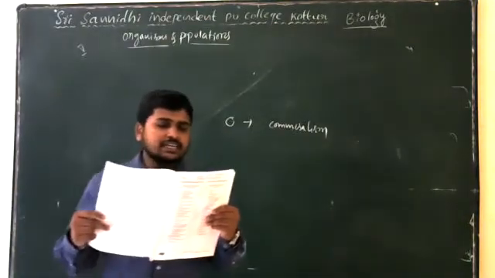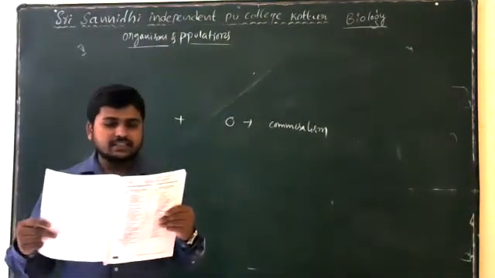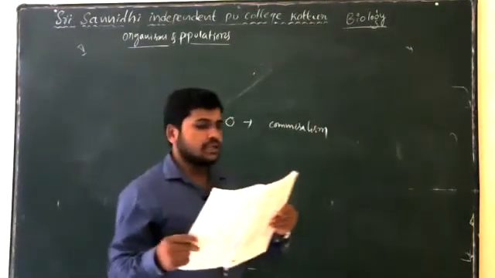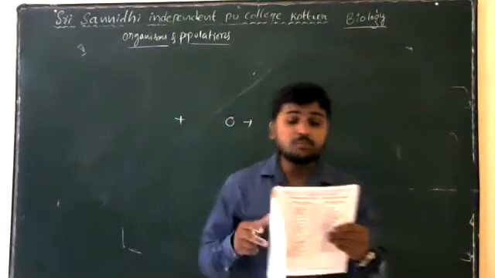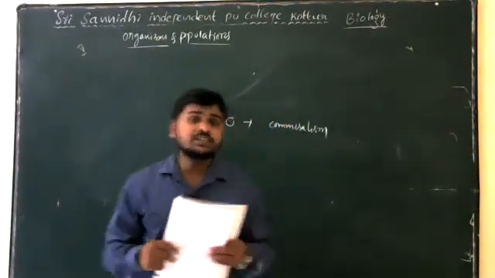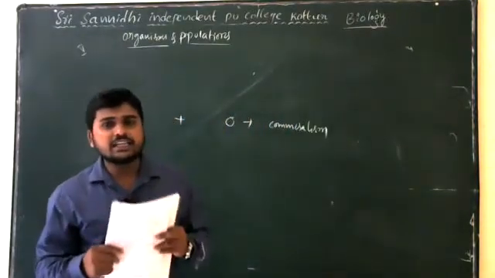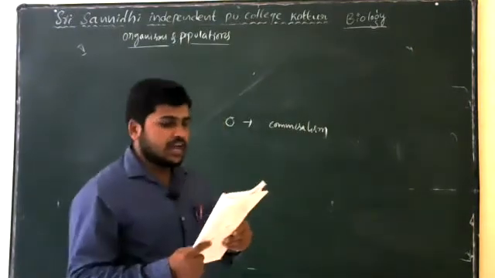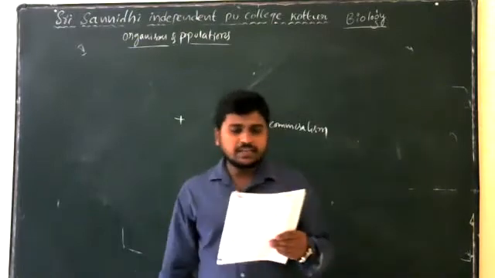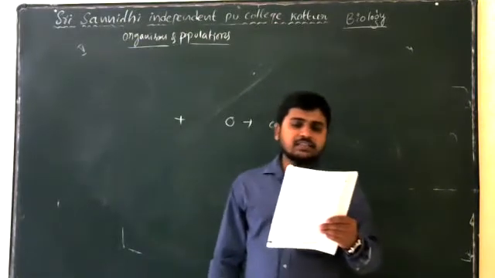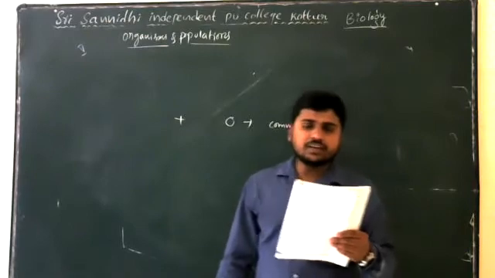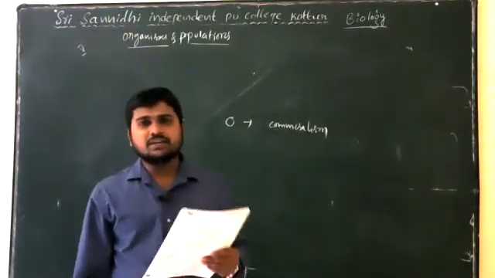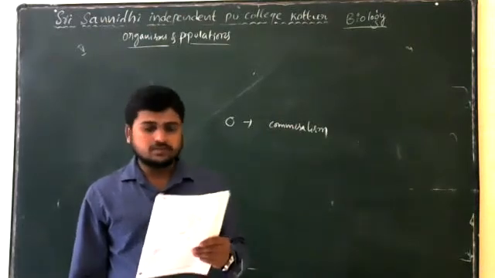A population is correctly defined as having which of the following characteristics. A, inhabiting the same geographical area. That is correct. They are surviving in the same geographical area.